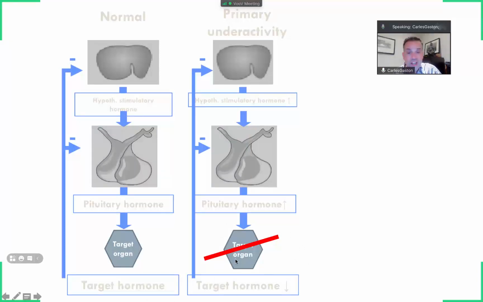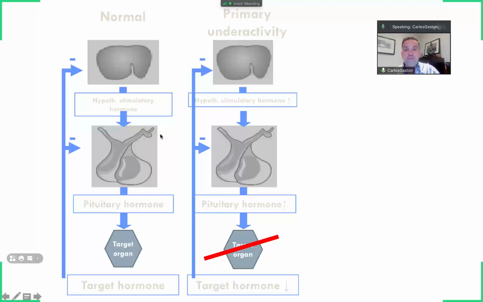The target organ doesn't produce the steroid sexual hormones. Therefore, there is no inhibition in the hypothalamus and the pituitary. So what happens is that there is oversecretion by the hypothalamus of gonadotrophin releasing hormone, telling the pituitary to produce more LH and FSH, right?